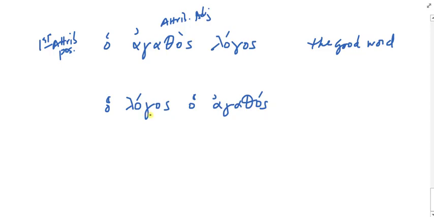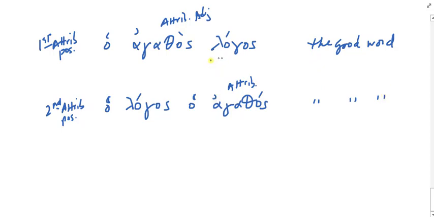Logos is nominative singular masculine, and agathos is nominative singular masculine. So this is also an attributive adjective. But in relation to the noun, is it first or second? It is second. And so this is a second attributive position. All right. How would I translate this? I translate it the same way. The word, the good, is the good word.